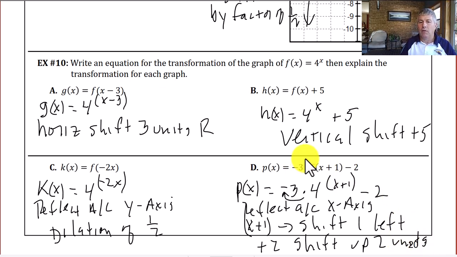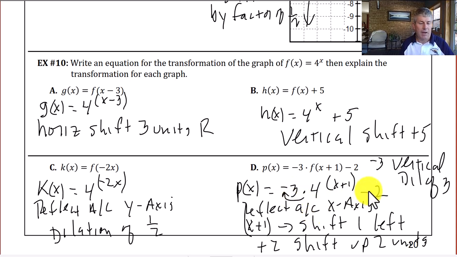And then the 3 gives us a vertical dilation of 3. So a lot of stuff going on in that particular one. And we'll get some more practice with these transformations of exponential functions when I see you in class.